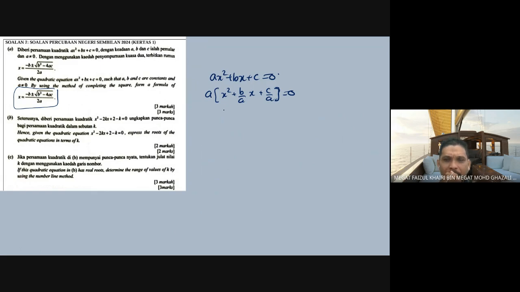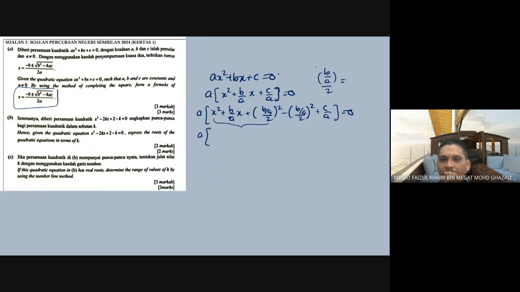Now x squared plus b over a x plus b over a divided by 2 squared minus b over a divided by 2 squared plus c over a.